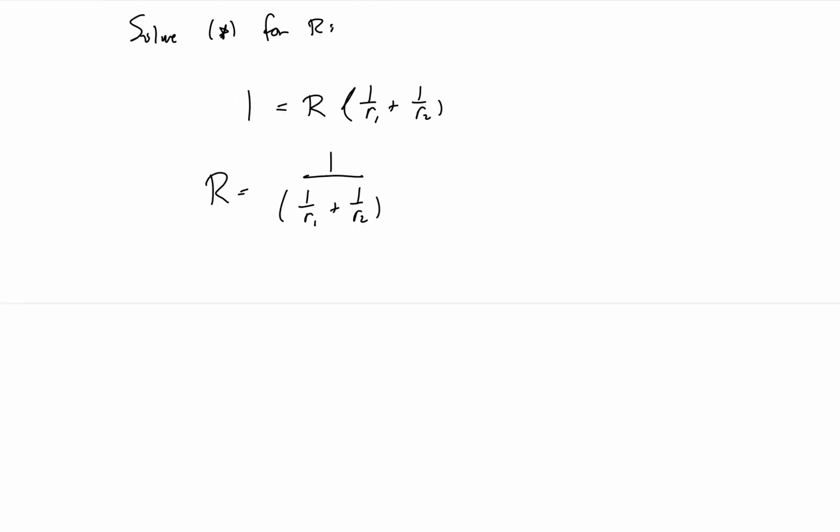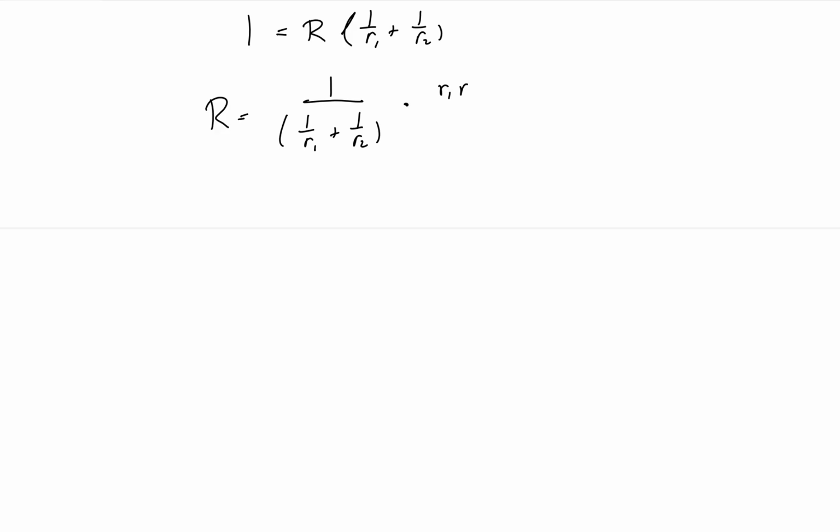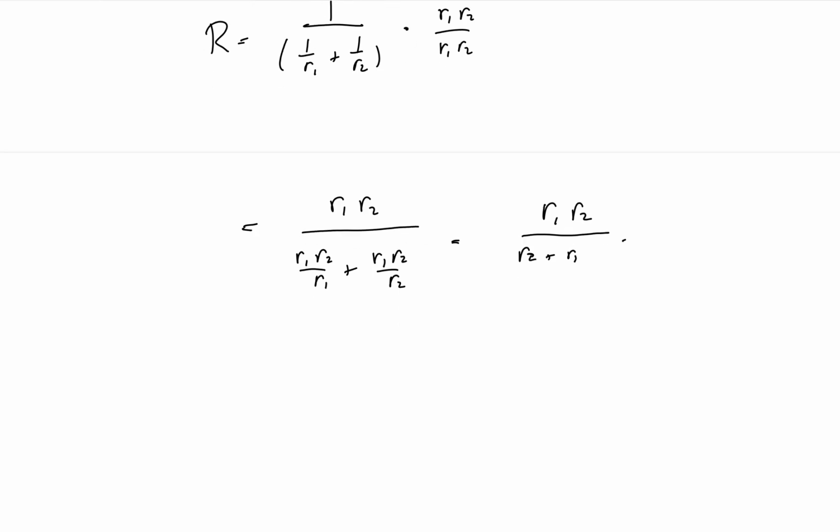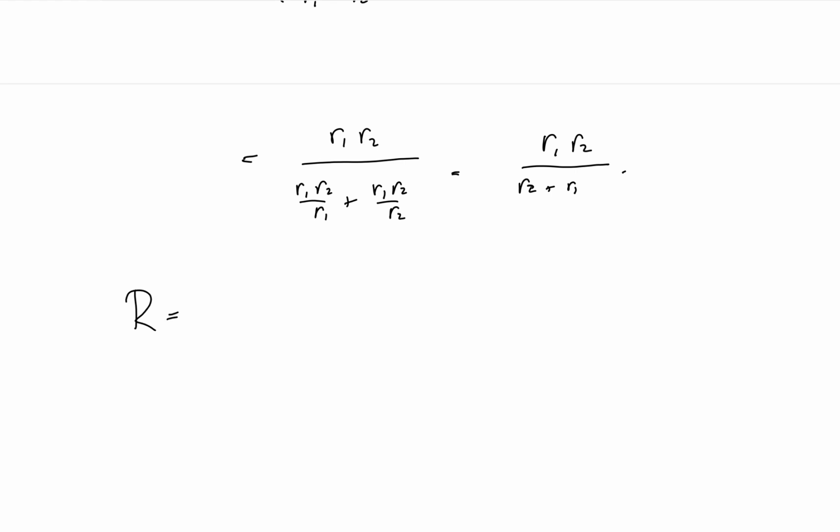And then let's go ahead and multiply the top and bottom of this by R1 R2 over R1 R2, which is just multiplying by 1. So you get R1 R2 on the top. And then when I FOIL this to the bottom, I'm going to get R1 R2 over R1 plus R1 R2 over R2. And then if we simplify that, we get R2 plus R1. So to get it all in one spot, this is our equation for the combined resistance.